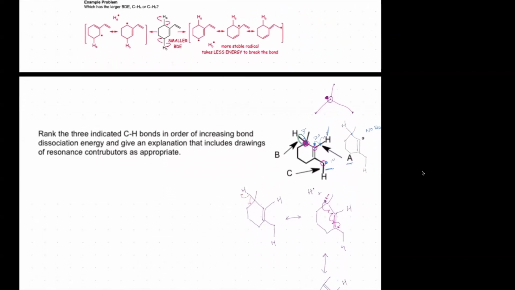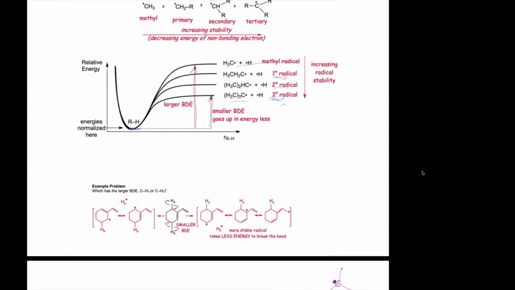This one has two resonance structures, a first degree and then a second degree because it'll move here. And this one has a third degree and then another third degree because it'll move here. And that's why B would be the lowest, because it's two third degree radicals.